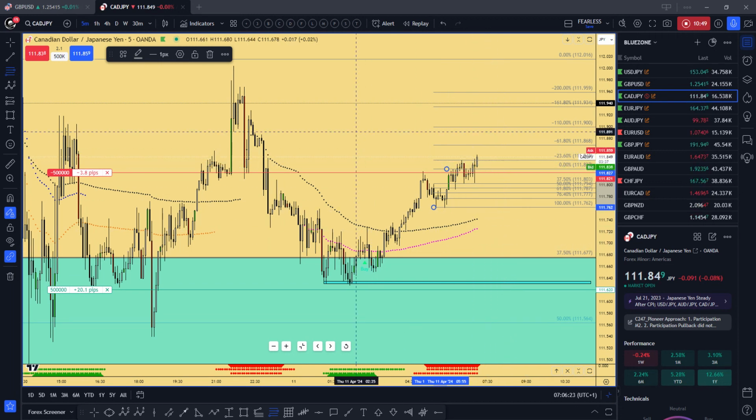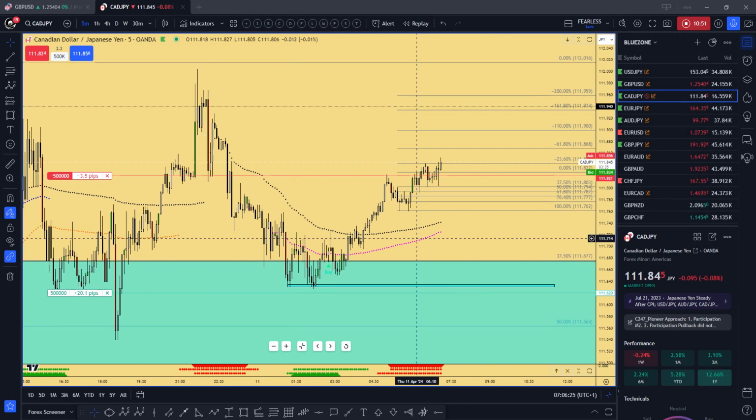Even though we want to buy at a fair price, it has taken too long for them in this area, especially after making this high and coming all the way down here to set up this double bottom here. You have to read the market the way the price works.